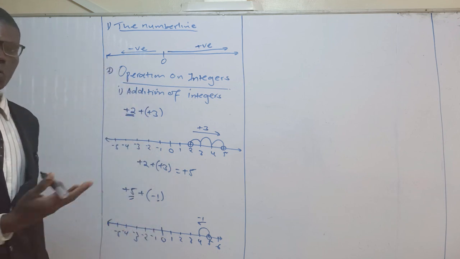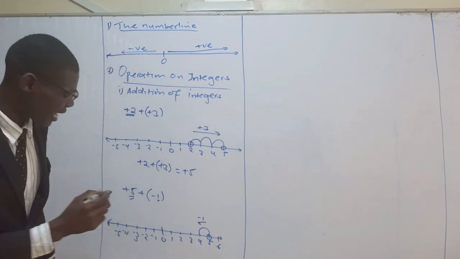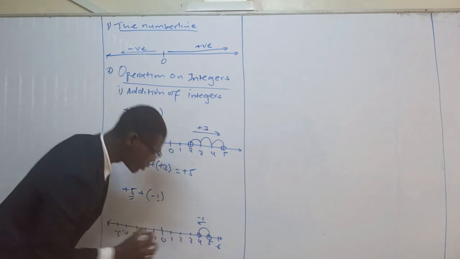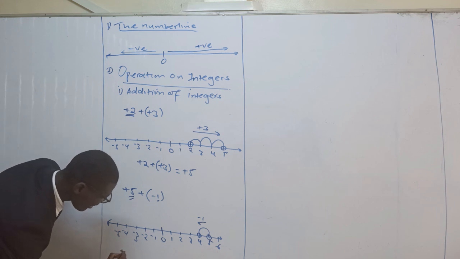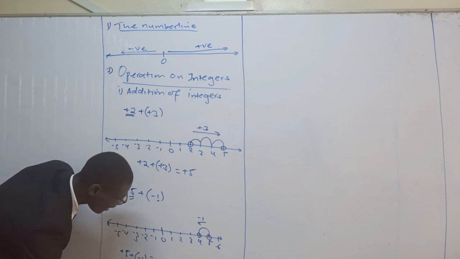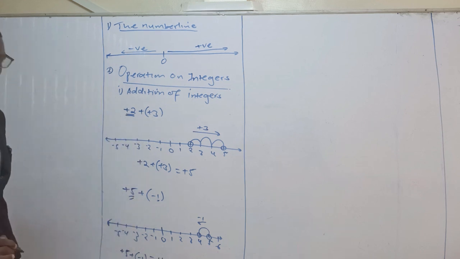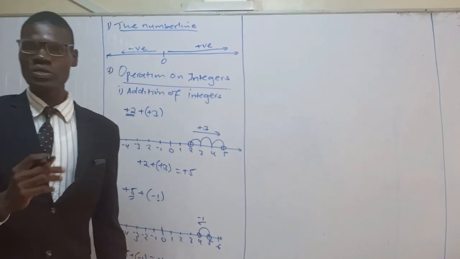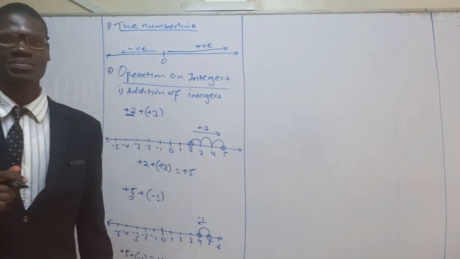I have moved 1 step to the left, so my result is at positive 4. Therefore, a positive 5 added to a negative 1, my answer is positive 4. And that is how we can use a number line when we are adding integers.